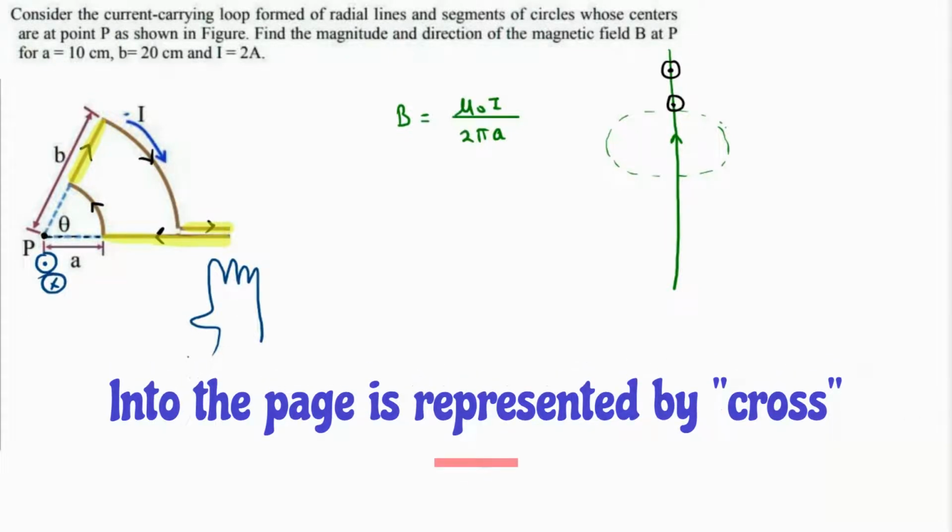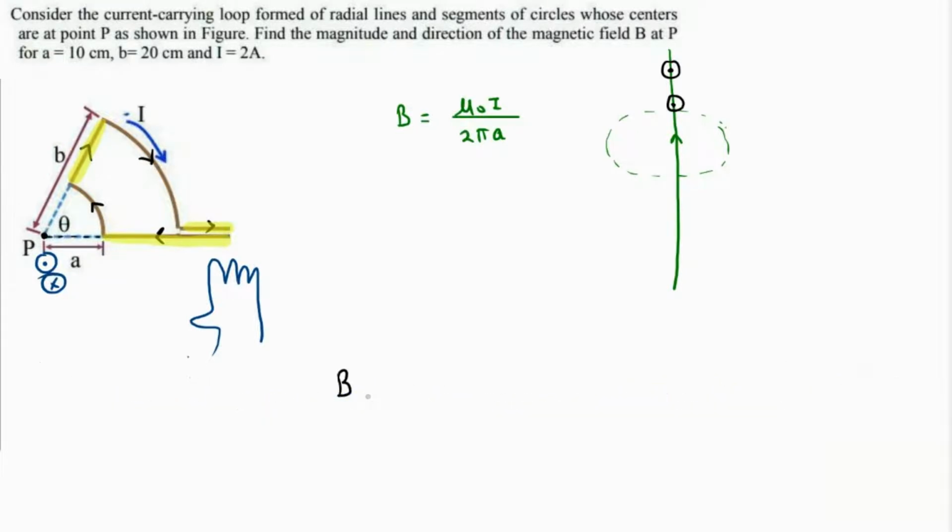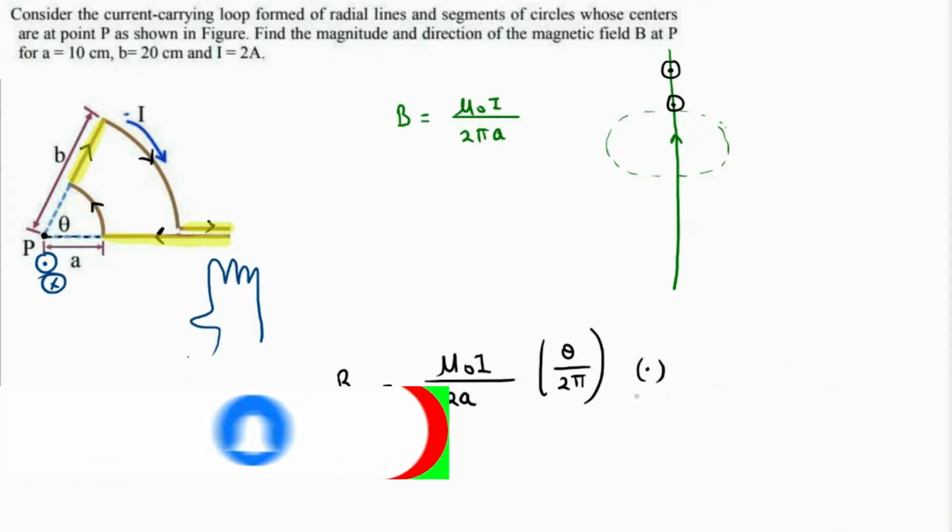So the magnetic field because of the smaller arc, that is with the radius A, will be mu naught I over 2 times A. But mind it, this is because of the complete circle. And so because of an arc of angle theta, that's going to be times theta over 2 pi. And of course, this is pointing out of the page.